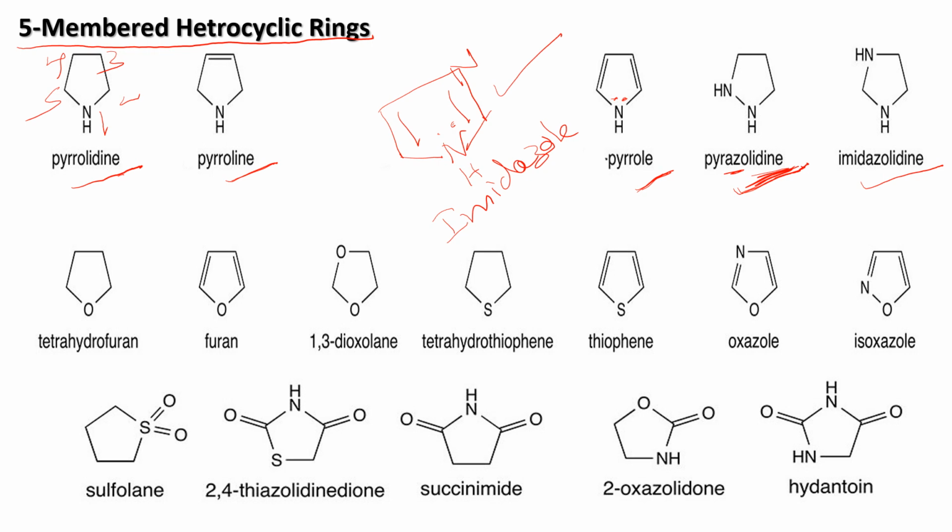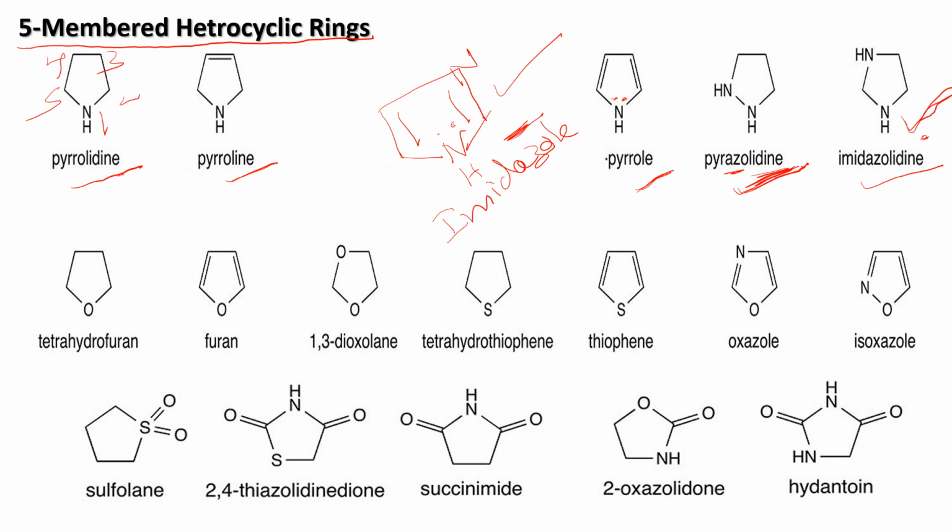This is imidazole. This is imidazolidine. The difference between imidazolidine and imidazole is only the double bond. Imidazole contains double bonds. This is imidazolidine without double bonds. You can remember like this.